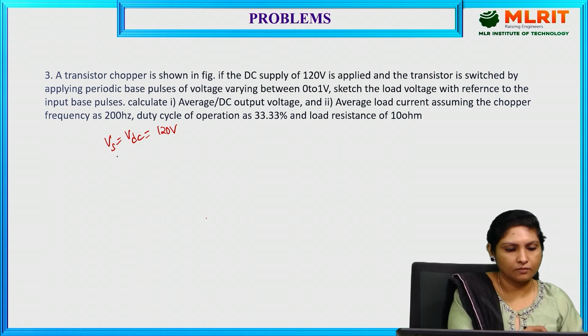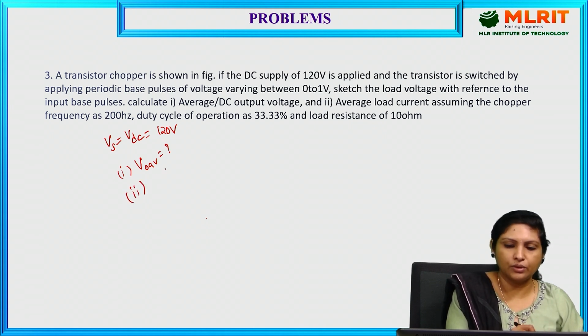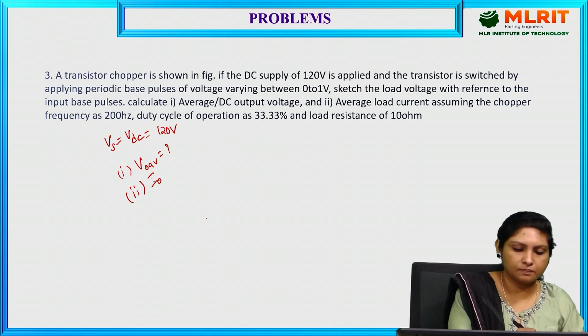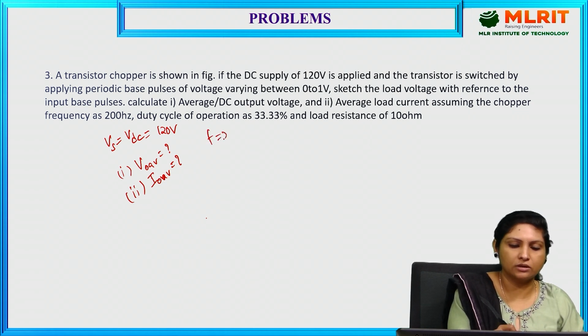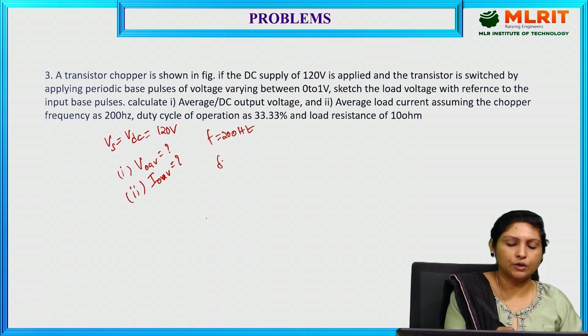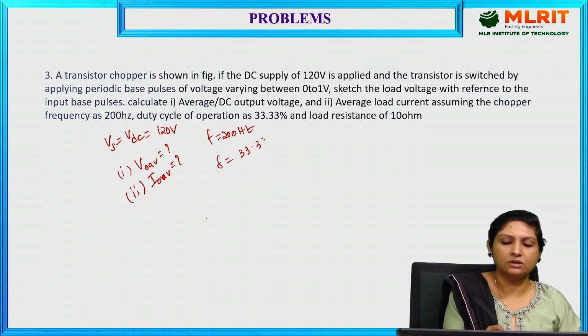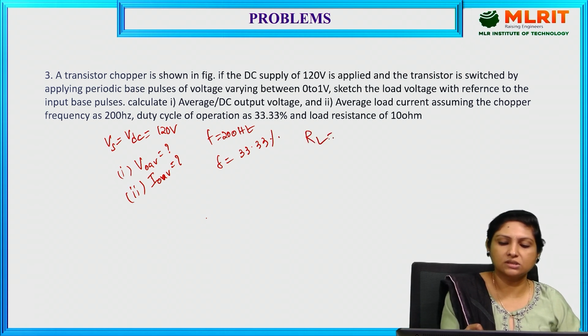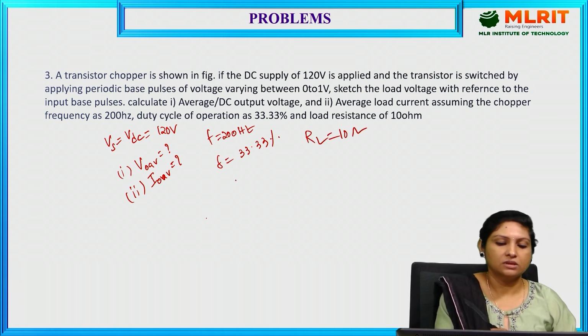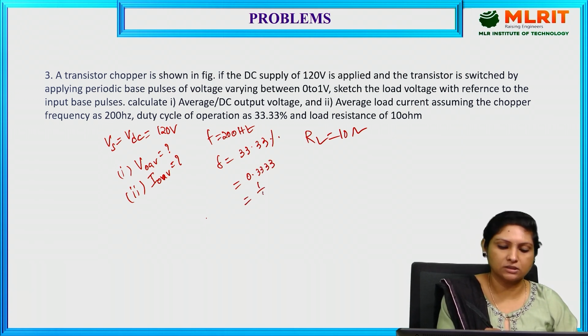The first bit is he is asking us to find V naught average, and the second bit is we need to find I naught average, the load current, assuming chopper frequency as 200 Hz, where duty cycle is given as 33.33%, and load resistance is 10 ohms. 33.33% divided by 100, we get 0.3333. We can also write this as 1 by 3.